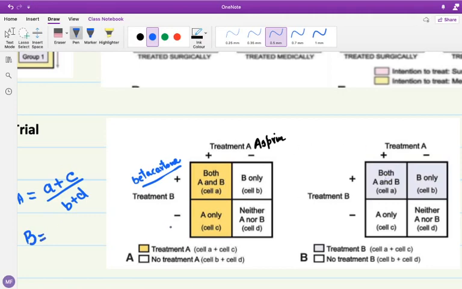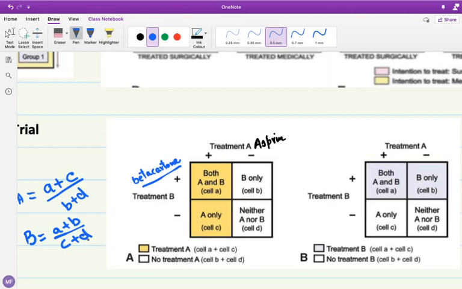For treatment B, we can say A plus B divided by C plus D. So based on this value, the effects of these two treatments could be measured.